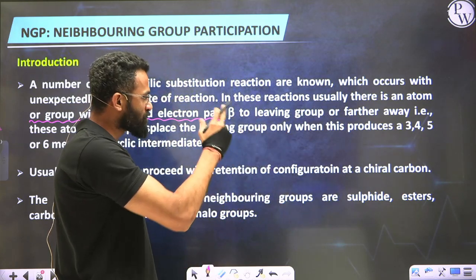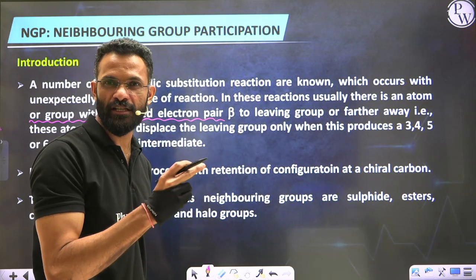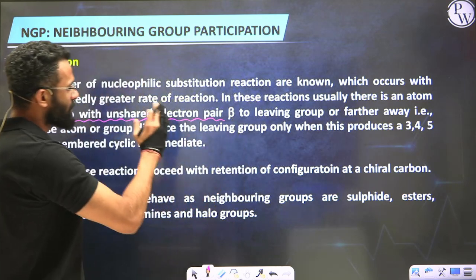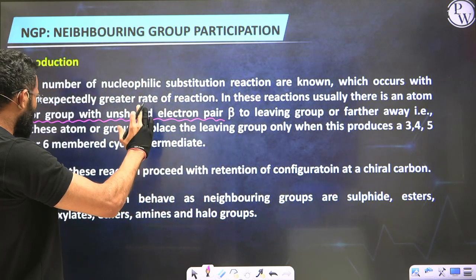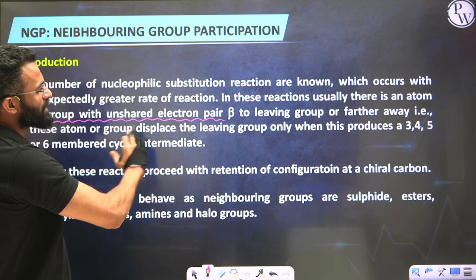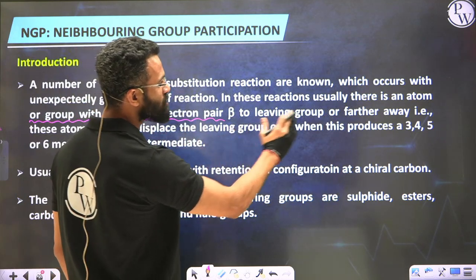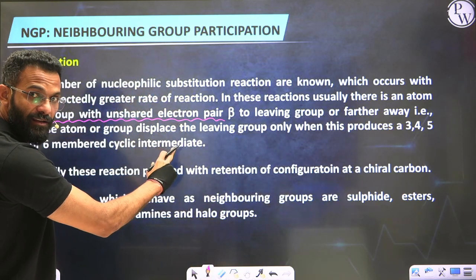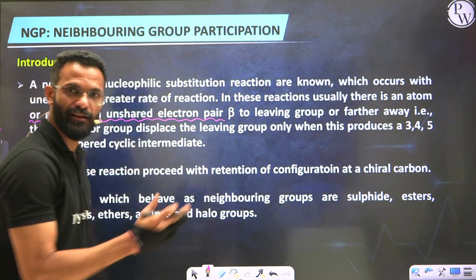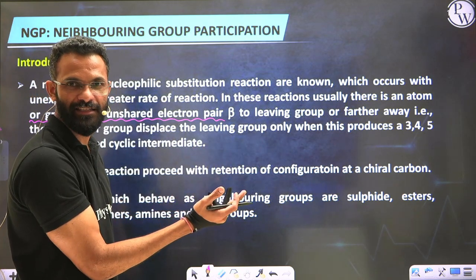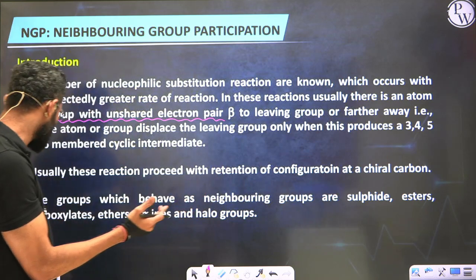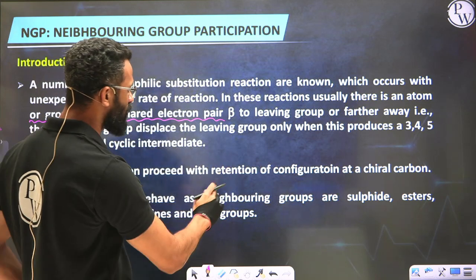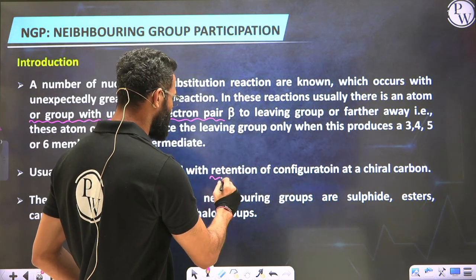At that position you might see there is some heteroatom like oxygen or sulfur carrying a lone pair, or even nitrogen. Due to participation of such atoms, it displaces the leaving group so as to produce a 3, 4, 5 or 6 membered cyclic intermediate, followed by the attack of the nucleophile that would be given in the reaction, and the SN2 reaction will take place. So usually this reaction proceeds with retention of configuration at a chiral carbon, an important feature.